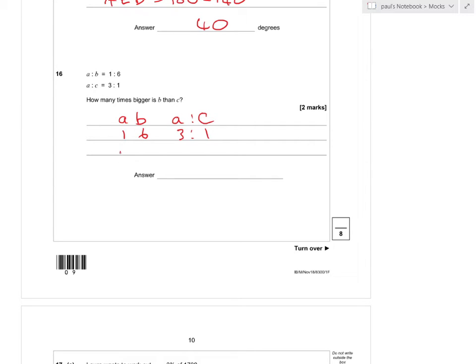So A to B would then be 3 to 18. And A to C is still 3 to 1. Now I can merge them to go A, B, C. So A is 3, B is 18, and C is 1. So how many times bigger is B than C? Is 18 times. 18 times bigger.